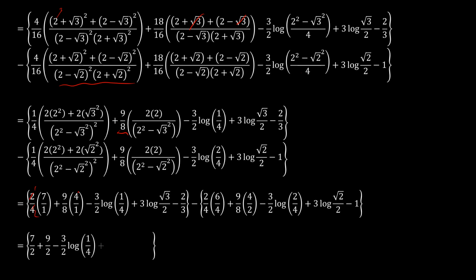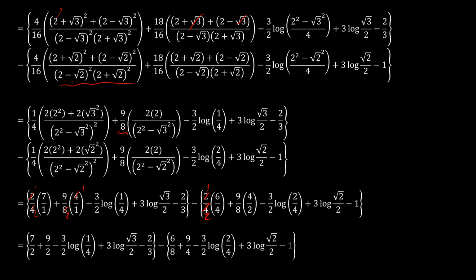And then again by 4, 1, by 4, 2. So we have 9 over 2 minus 3 over 2 log a quarter plus 3 log root 3 over 2 minus 2/3. And then here we have over 2. And then we have 6 over 8, 9 over 4 minus 3 over 2 log 2 over 4 plus 3 log root 2 over 2 minus 1.